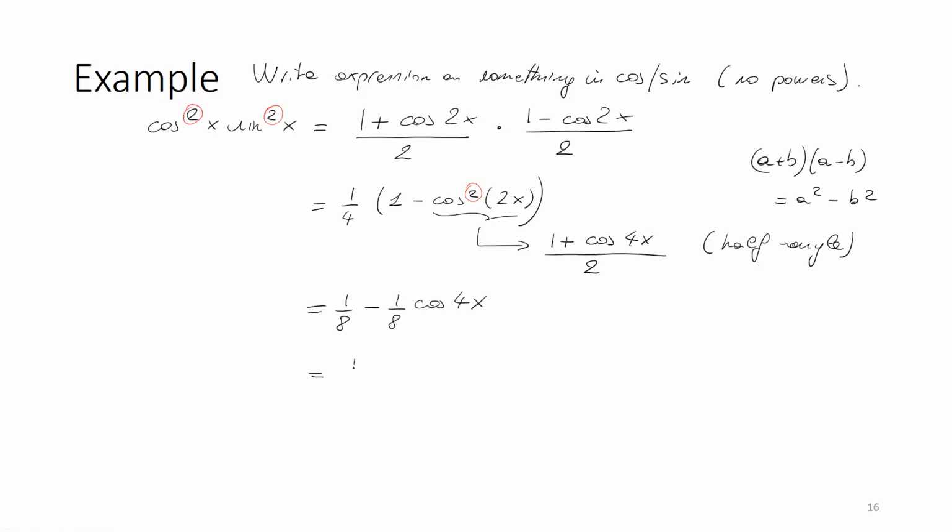Or in other words, maybe a bit cleaner to write this as 1 minus cosine 4x, divided by 8. And now we're done, because we have something that involves only cosine and sine. There are no more powers.